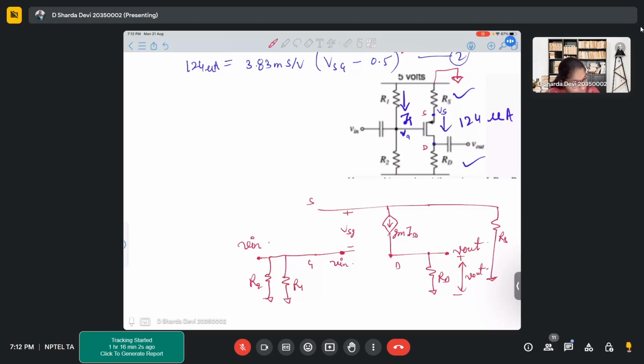Whatever current flows through RD provides a drop that appears as Vout. So Vout is gm VSG into RD.